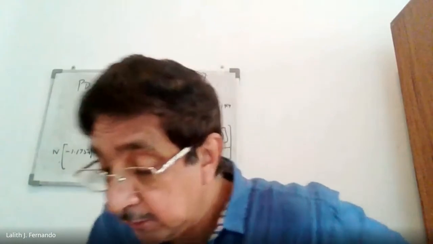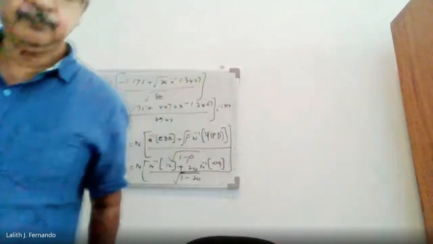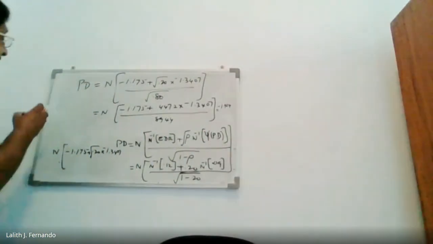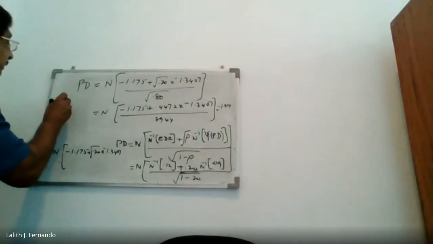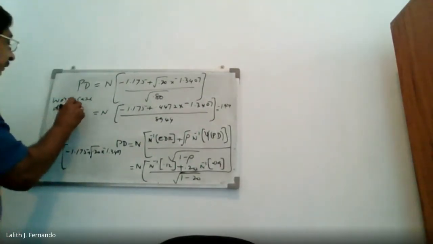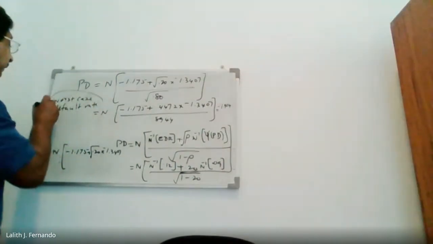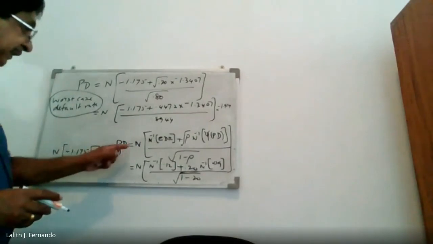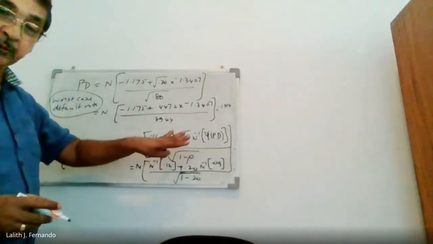Right. Now I will try to explain to you a terminology, or a type of concept, called worst case default rate. Now, if you want to get the worst case default rate for this one, we have already discussed this.